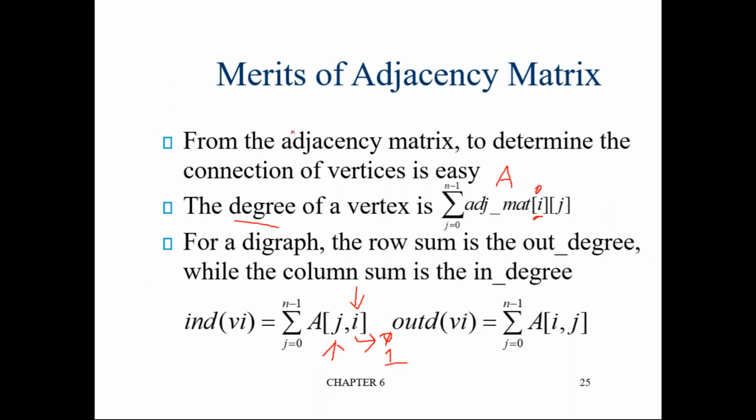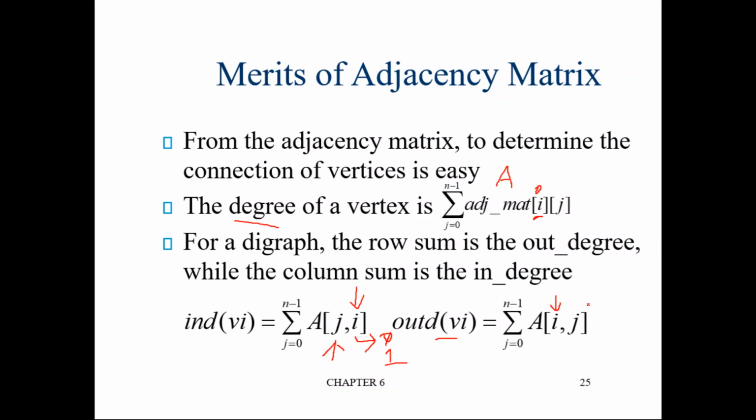If you want to calculate the out degree, then it is the same formula which we use to calculate the degree from the adjacency matrix of an undirected graph, just the reverse of this: A of i comma j. Now you keep i constant, so the row will be constant, and for a particular row add the different column values.